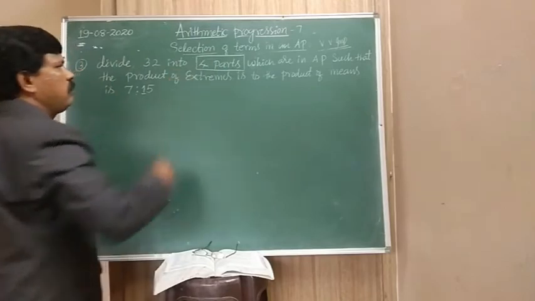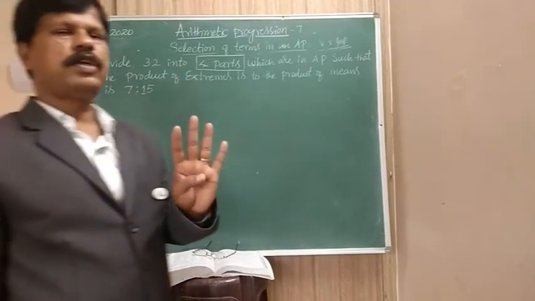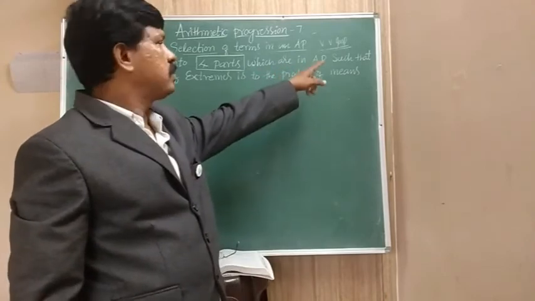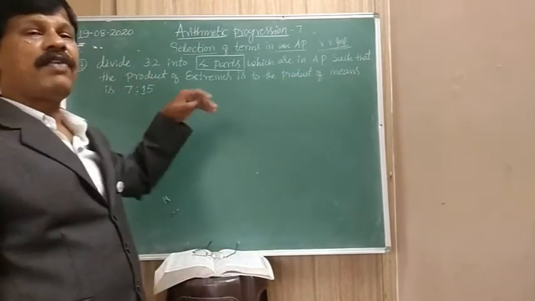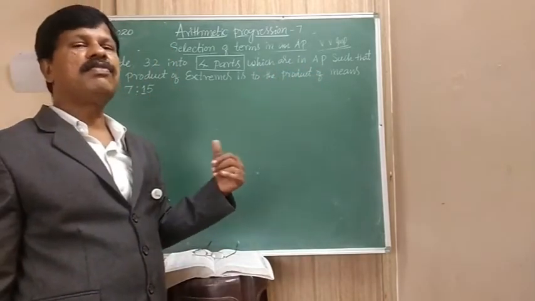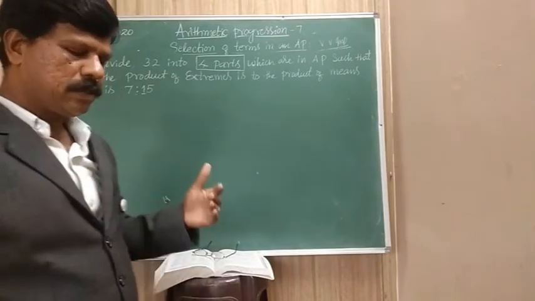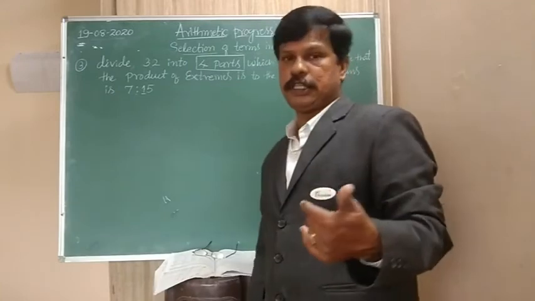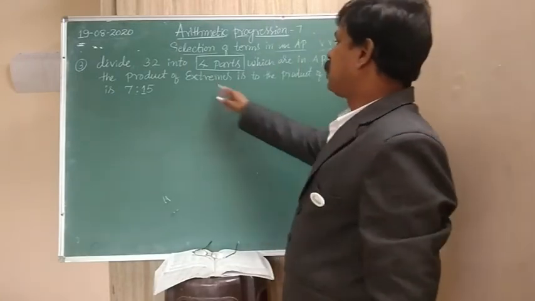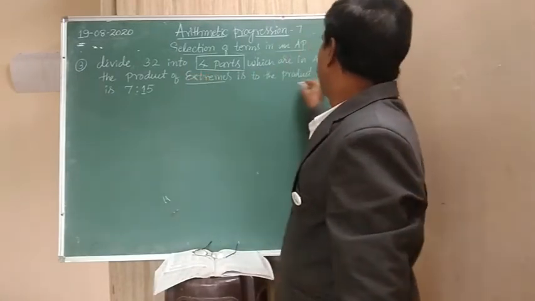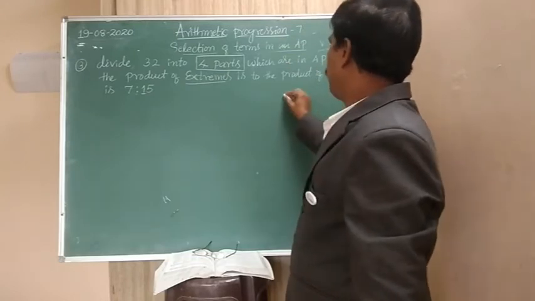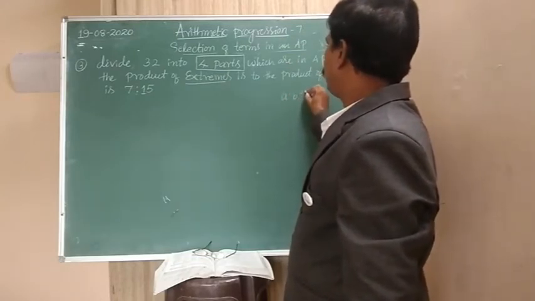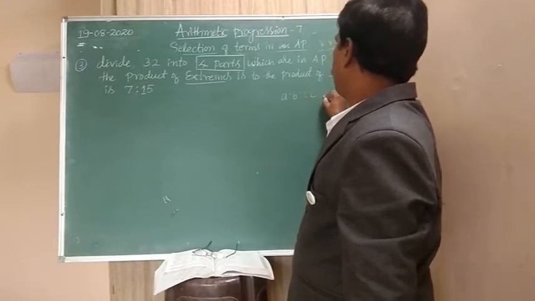That means we have to find 4 terms which are in AP, such that the product of extremes, just go back to 9th or 7th standard, your ratios and proportions, extremes and means. See, if A is to B, as C is to D.